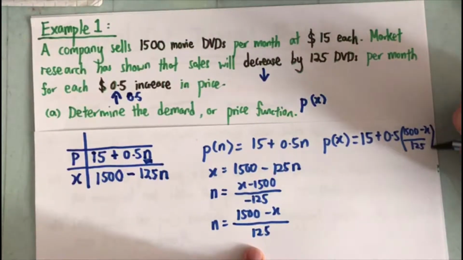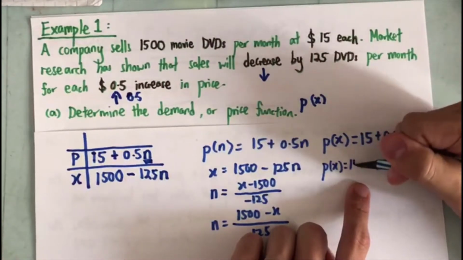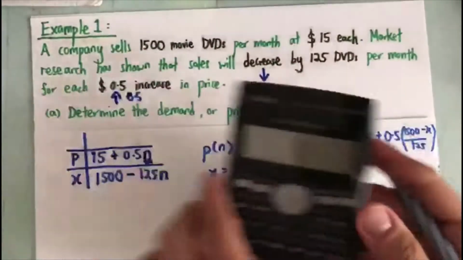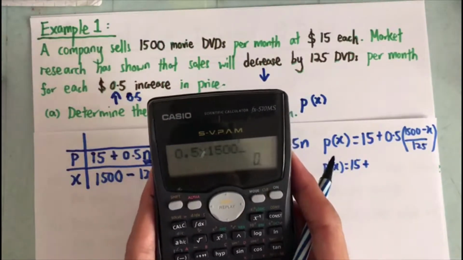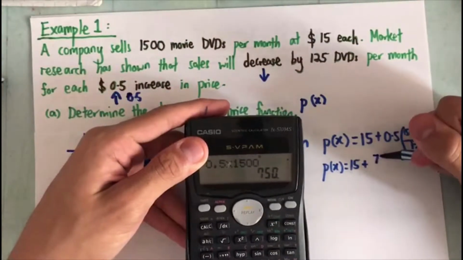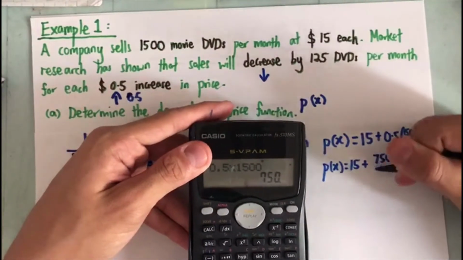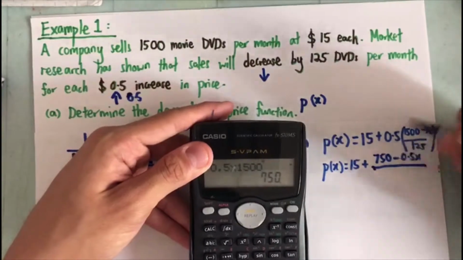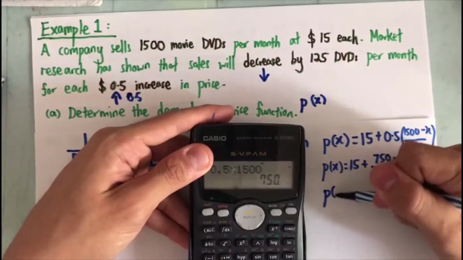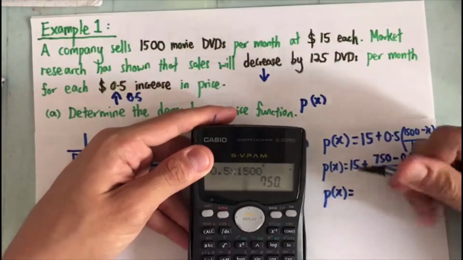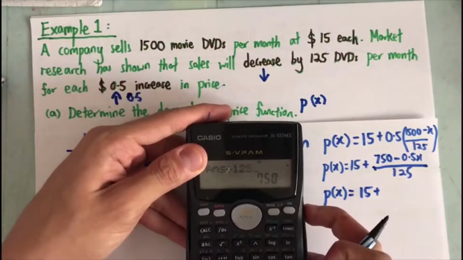Over 125. Then distribute it. 15 plus 0.5 times 1,500, which is 750, minus 0.5x over 125. Then the price function is equal to, let's simplify it, do the algebra.